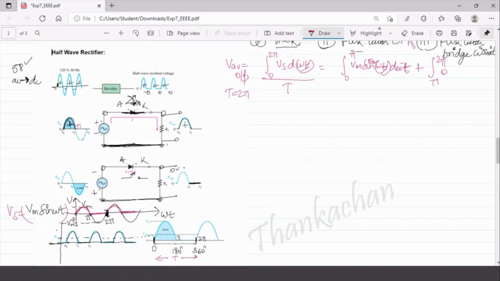This voltage is 0 here. This whole is divided by the total time period, which is 2 pi again.